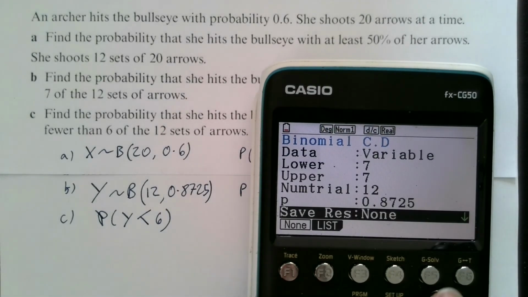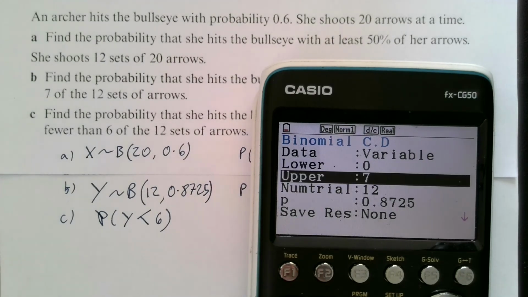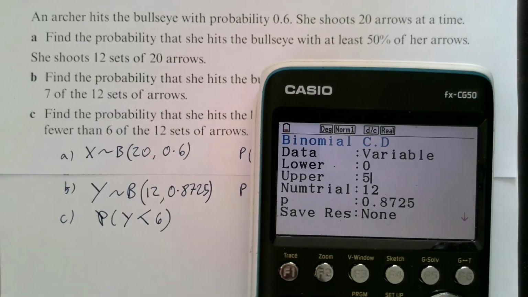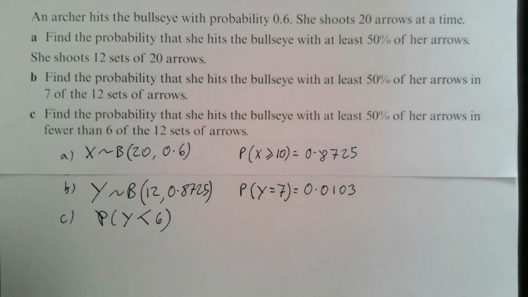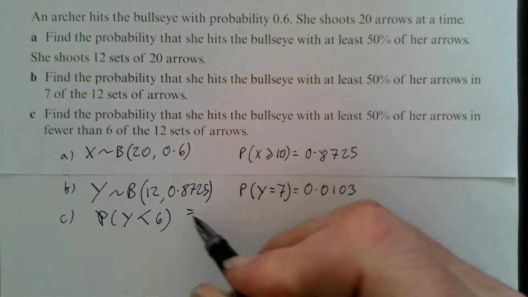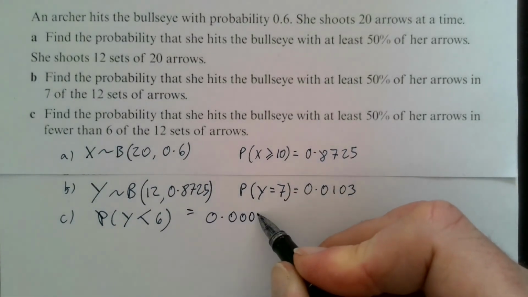Actually, we want our lower to be 0 and our upper to be 5, because it would include 5, wouldn't it? And our probability is just the same, so let's go for it. And ooh, really, really unlikely, 2.4 times 10 to the negative 4, so that's going to be 0.024%, isn't it?